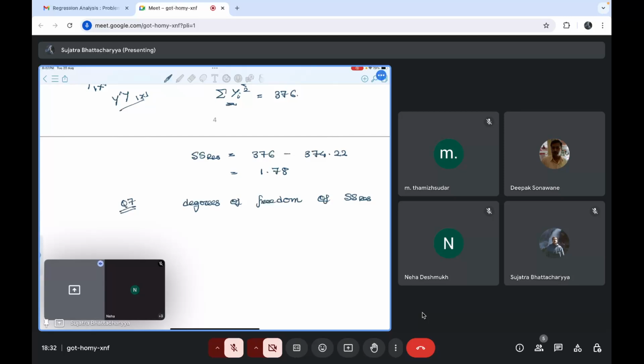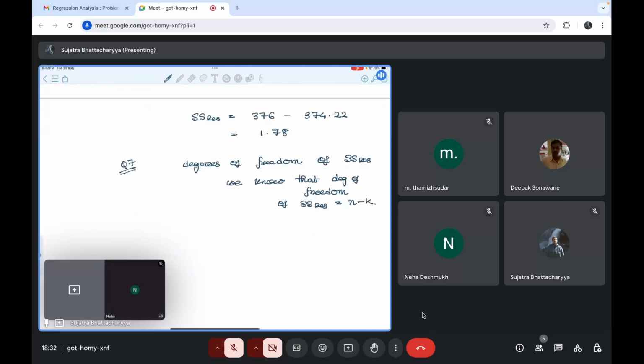We know that degrees of freedom of SS residual is nothing but n minus k, where k is the number of unknown parameters in the model, and this n is the total.